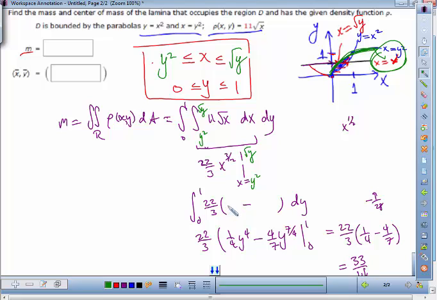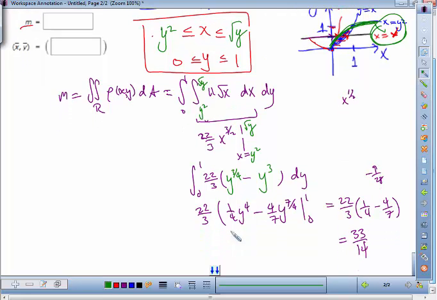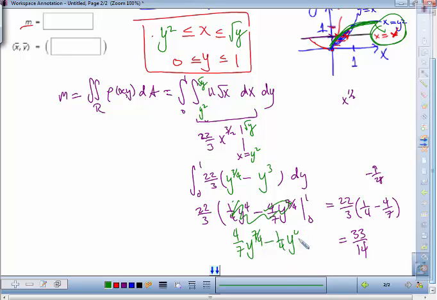Y to the 3/4 cubed. And so these two are switched. Four over 7 y to the 7/4 minus 1/4 y to the 4th. And then that would just mean that these two numbers are switched.